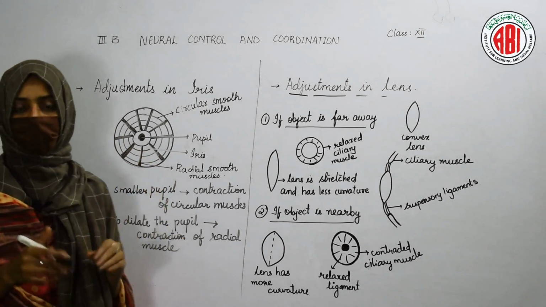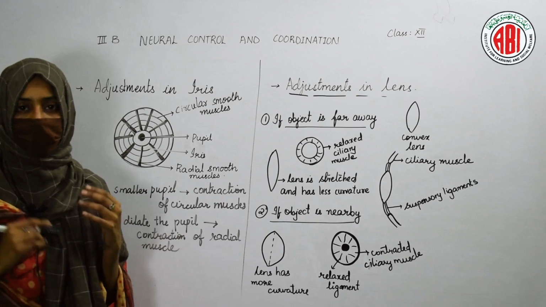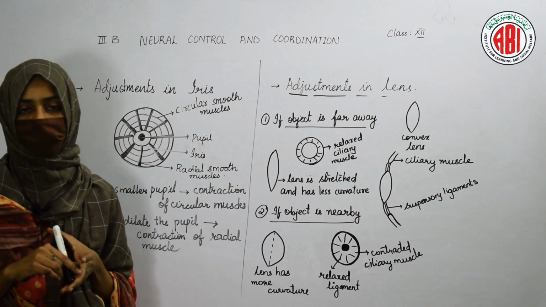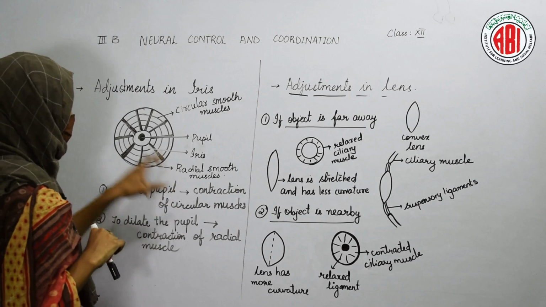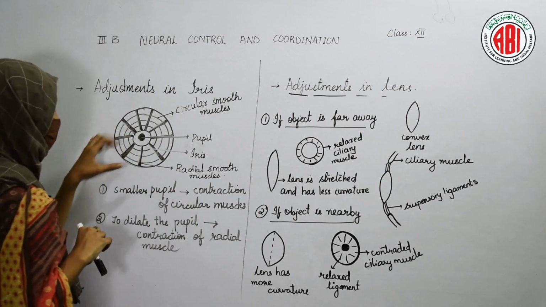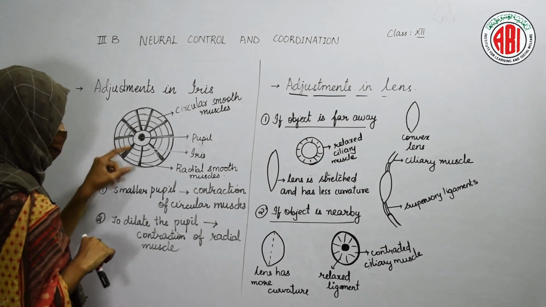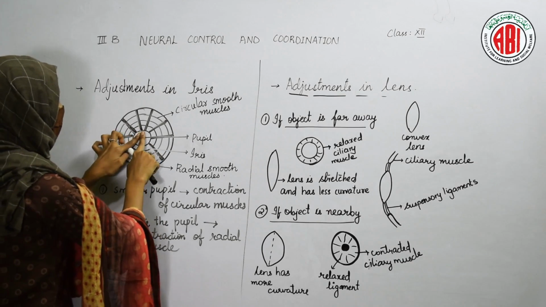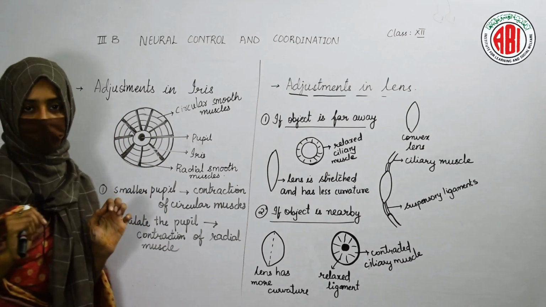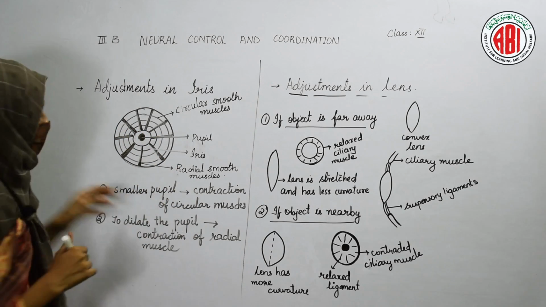But when you move into a dark room and you are trying to see the objects that are present in the dark room, then the radial smooth muscles present in the iris get contracted. Due to the contraction of the radial muscles, the pupil becomes larger, it gets dilated.